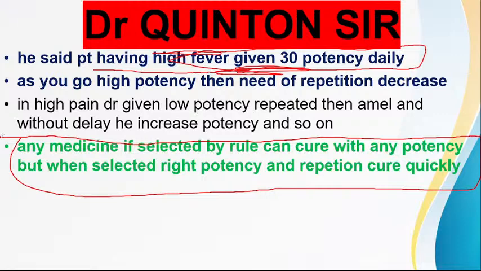But the speed of recovery can differ with the selection of potency and the proper, right repetition. So the right choice of potency and repetition increases the cure rate, easily and fast.